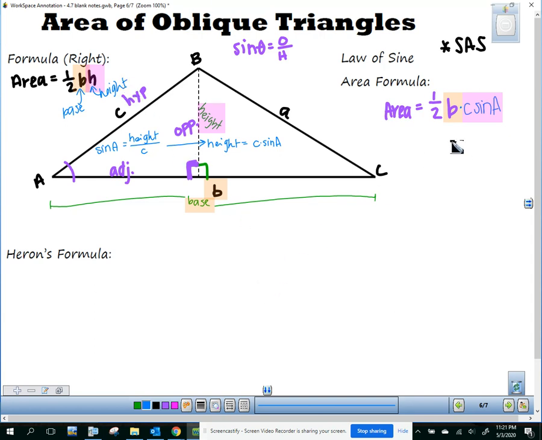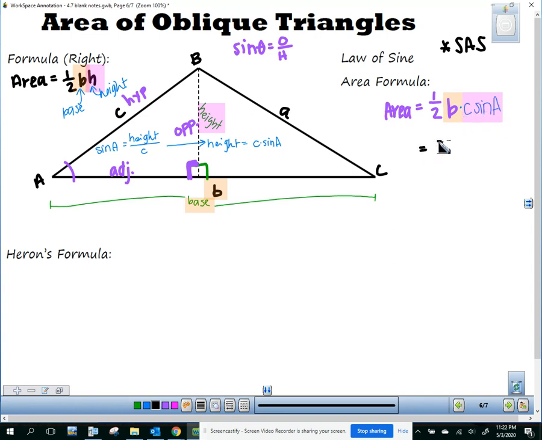All right, now this doesn't only work for angle A using sides B and C. This triangle could have been rearranged any which way. So it works using all three angles.